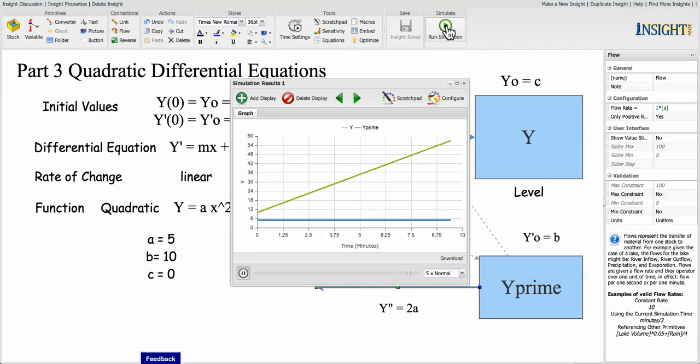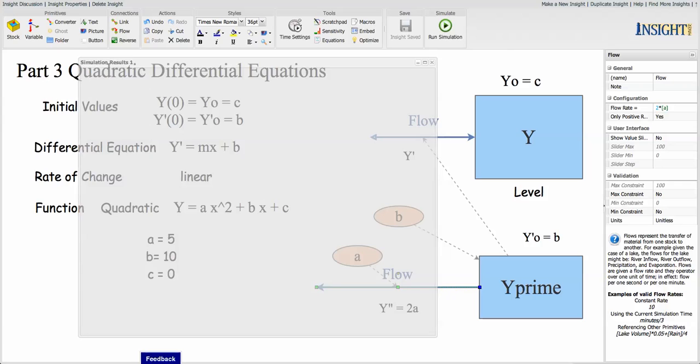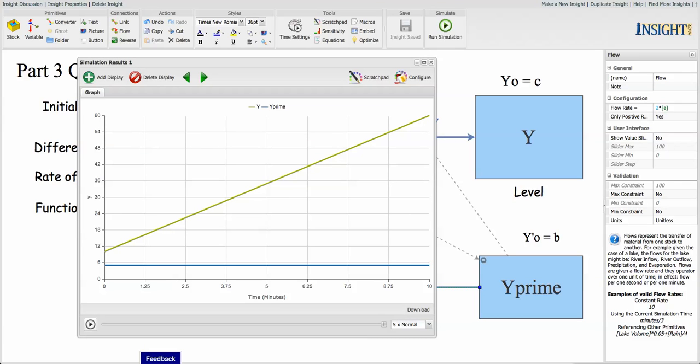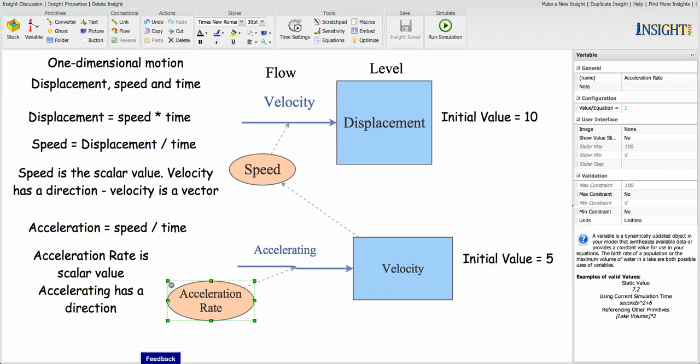So this is a linear graph. Well, what do you know about that? Okay, so we have the linear growth because our acceleration is 0. Now if we jump over to this one, our acceleration here is also still 0. Well, we changed it to 1 earlier because we were in the prior video.